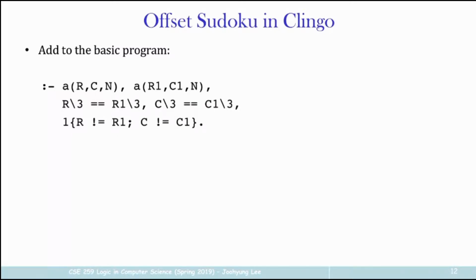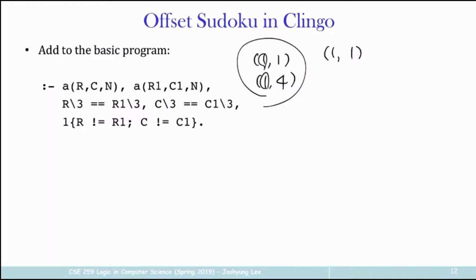So what I'm saying is, for instance, we can have 1, 1 and 1, 4, right? These are in the same region. Their row numbers are the same, but they are still different positions in the same region. We can have, of course, different things, so we can have 1, 1 and 4, 7, for example. So rows are different and also columns are different.